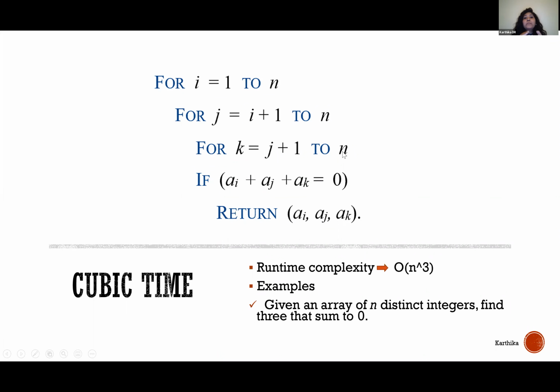People think that if there is a for loop, then we can just represent it like O of n. So each for loop goes for O of n. It is not like that. For this example of summing to 0, there are 3 for loops, and obviously it is O of n cubed. But think of a scenario where the inner for loop is not going to run for n times, but instead just for 10 times.